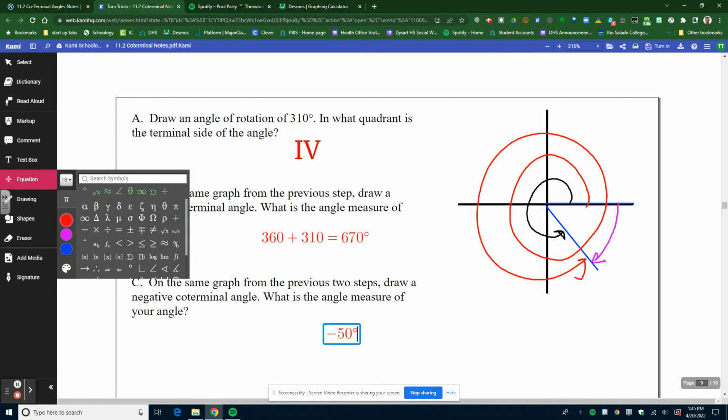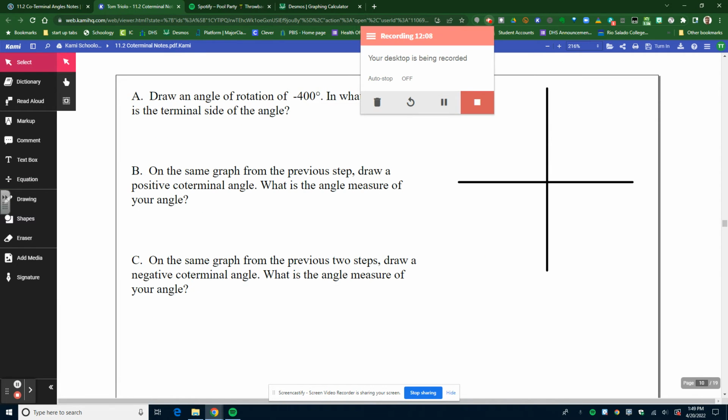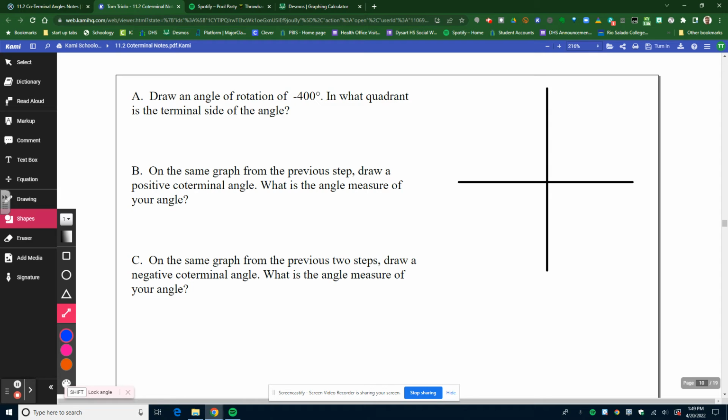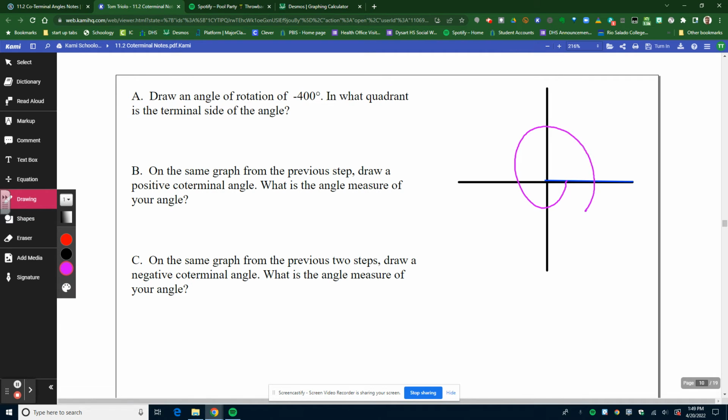You're going to try one more of these on your own. Go to the next page. They give you the angle. I think it's negative 400. Am I right? Make the original angle and answer all the other questions for the next one. So make your initial side, and then we're going negative 400 this way, somewhere around there.